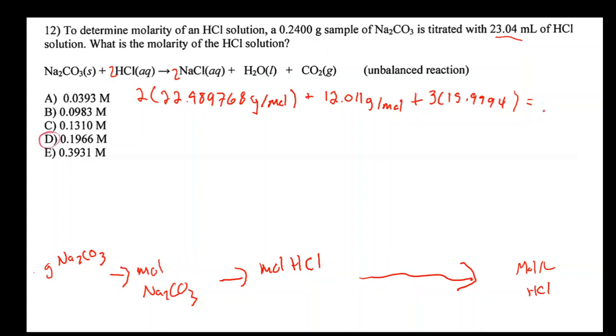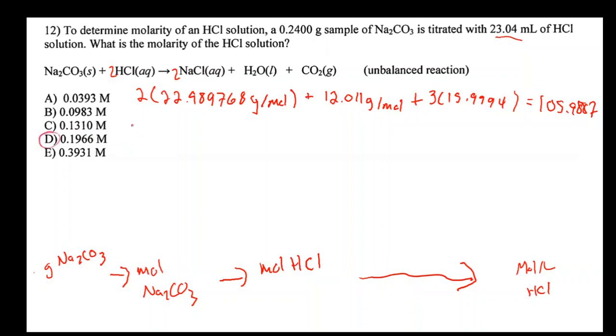You don't have to type in all those decimal places, but I'm going to. 2 times 22.989768, plus 12.011, plus 3 times 15.9994. That's 105.9887.